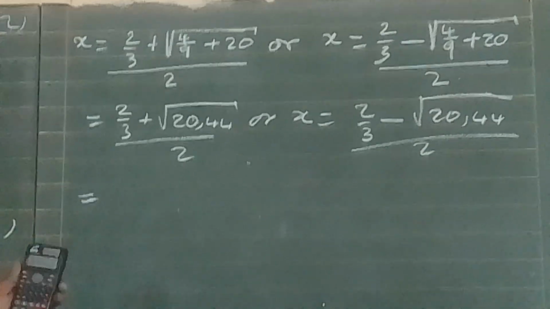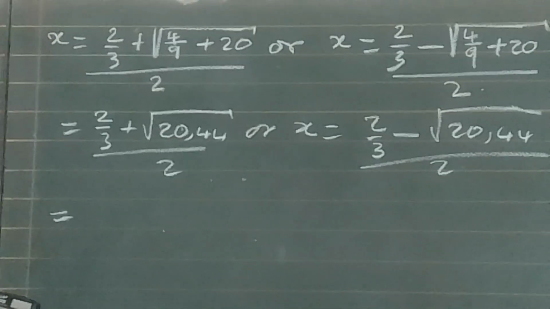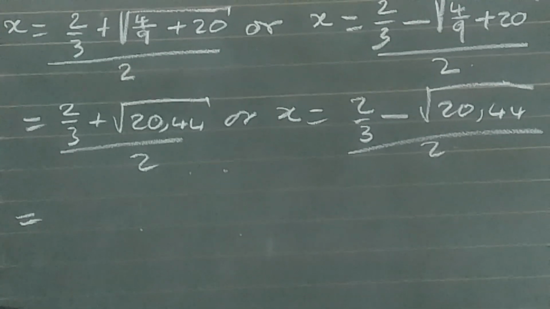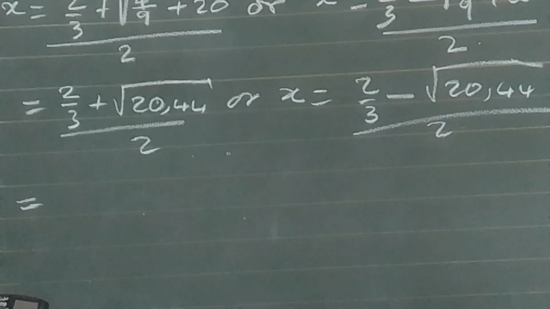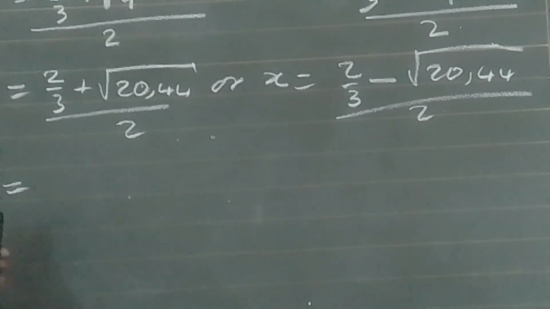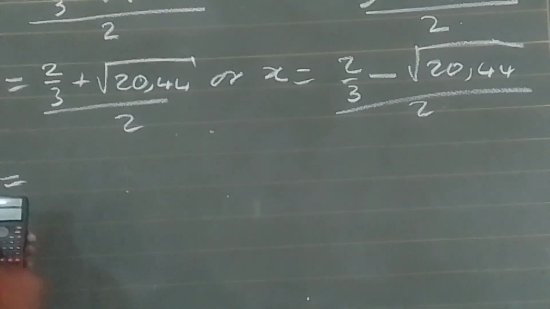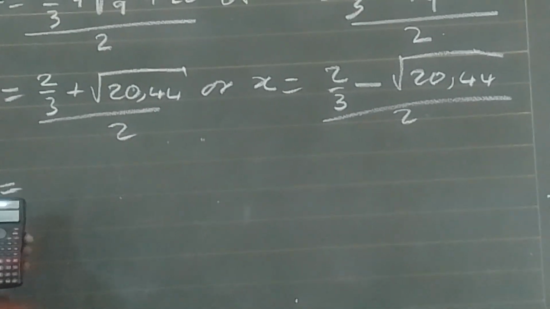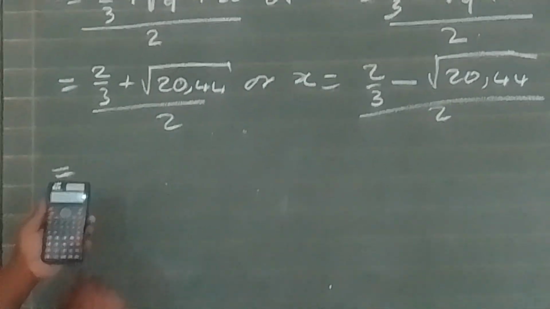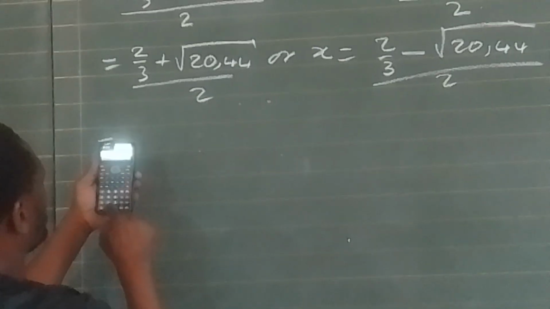Now we check this. We take a square root of, let's say 2 divided by 3 first, plus a square root of 20.44 divided by 2.